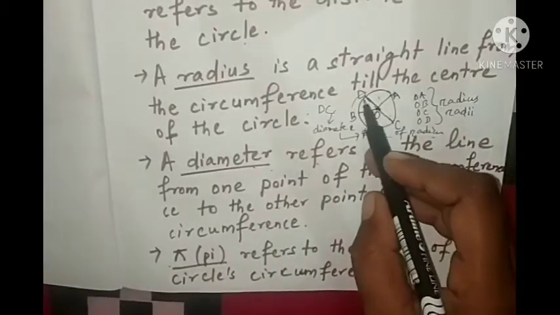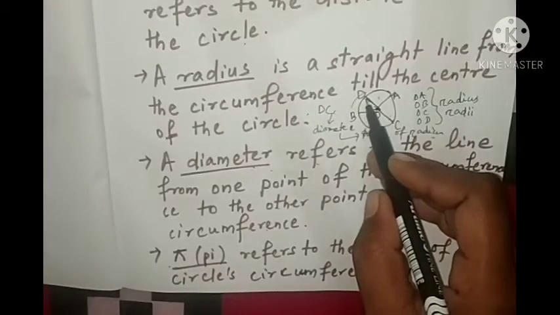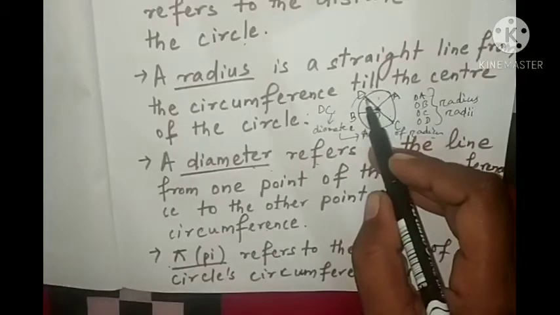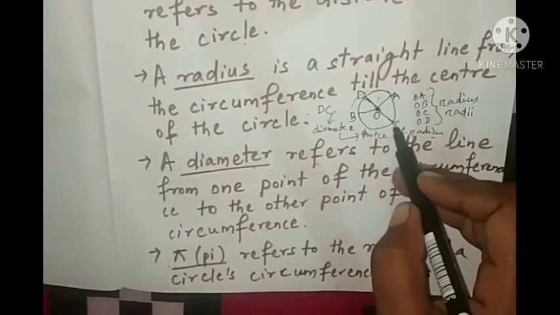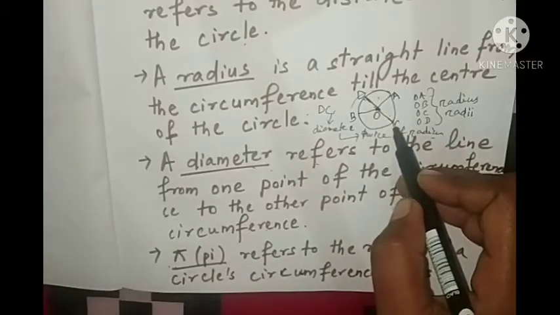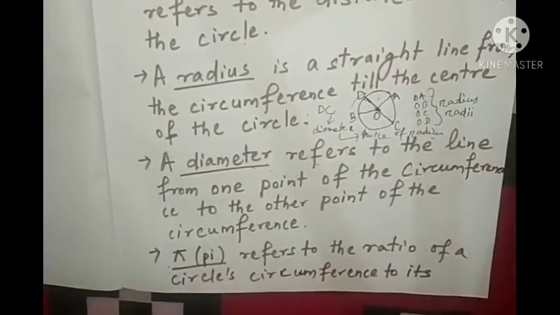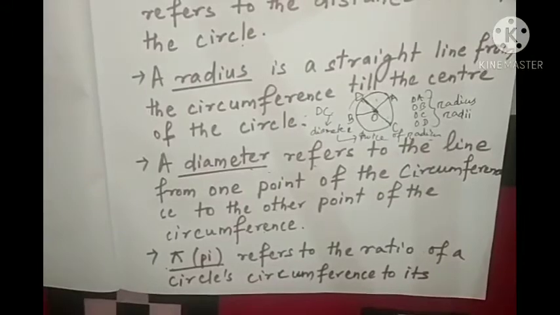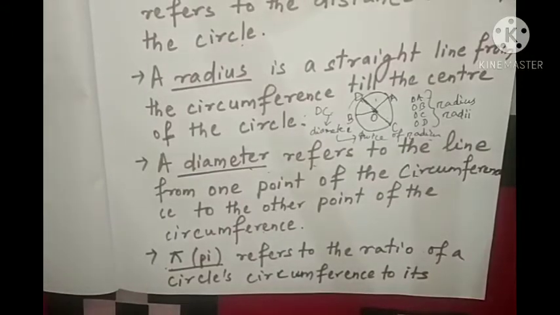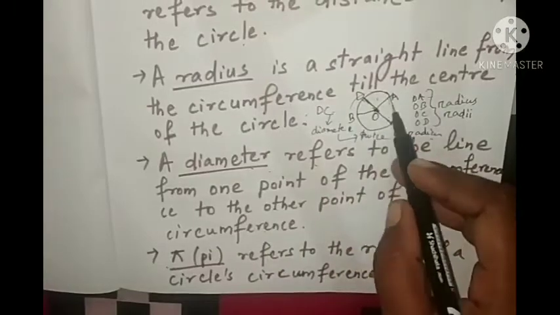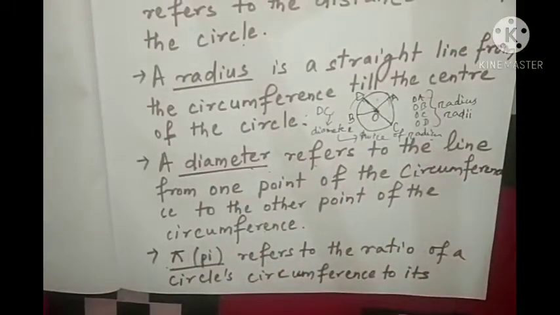Or you can say any straight line touching one point of circumference to the other side of circumference and passing through the center of the circle. So these are the terms you have already studied. And circumference is also the boundary, means it is the perimeter of circle.